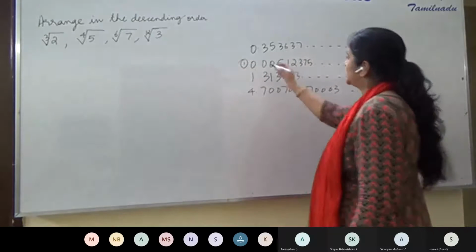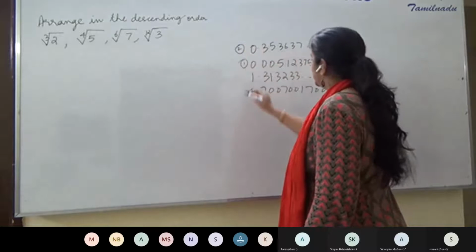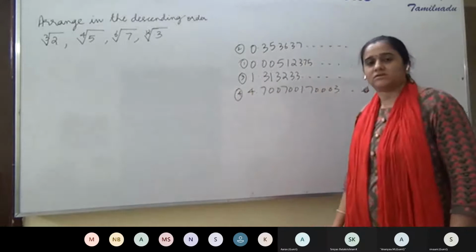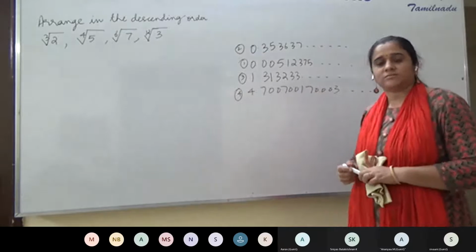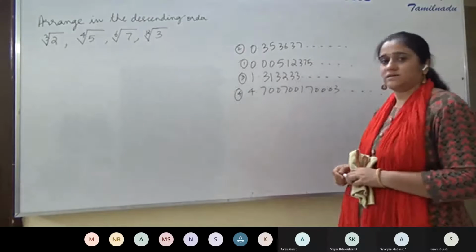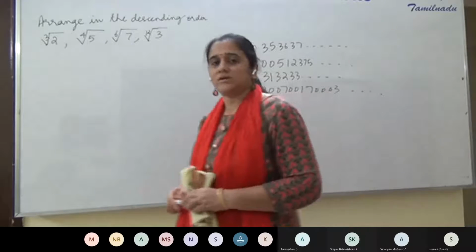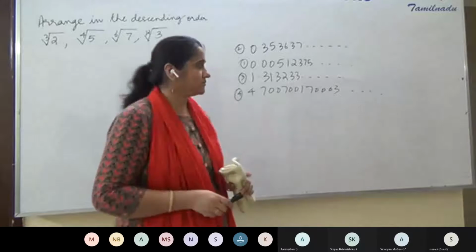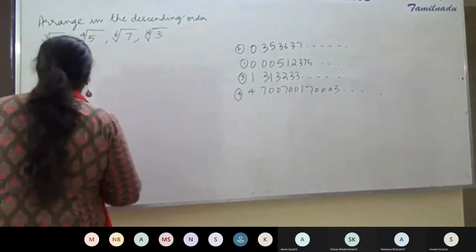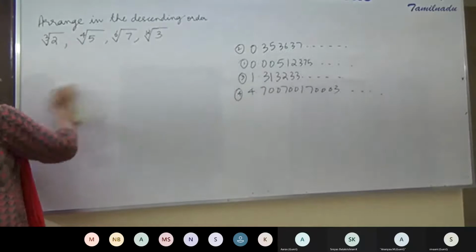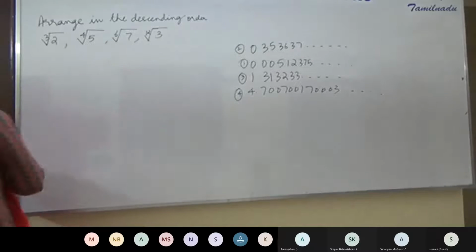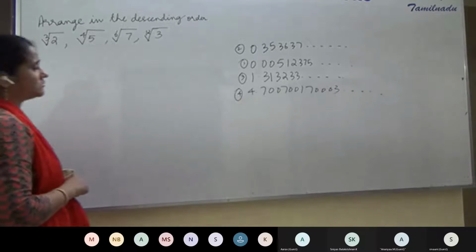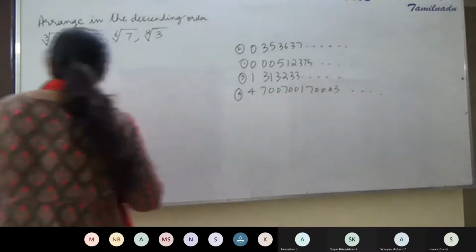Then after that comes this one, and after that comes this one, and after that this one. So it is possible to arrange irrational numbers in ascending or descending order. Thanks for that question, Shreyas.